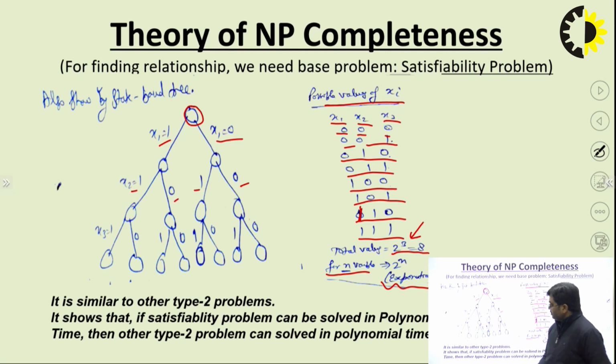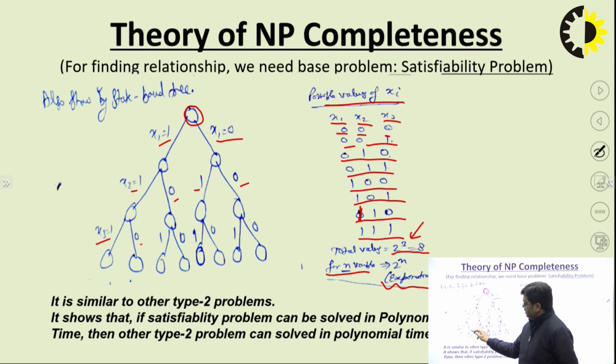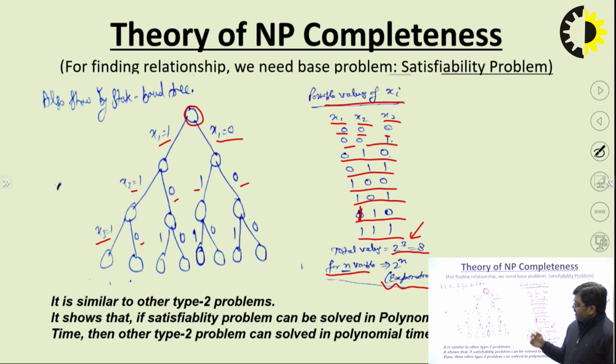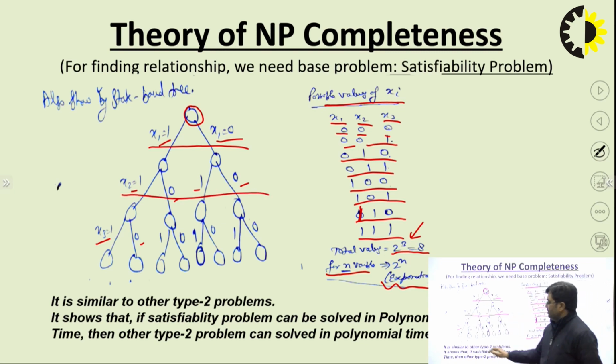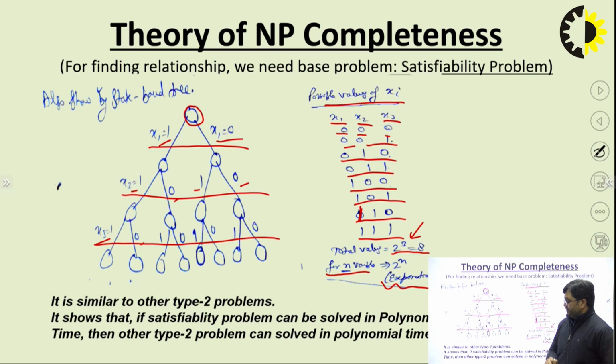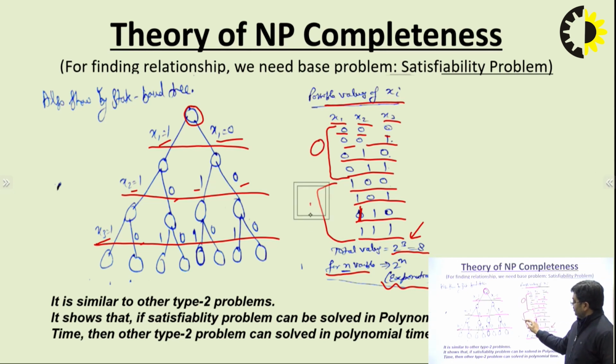Similarly, if we have taken x2 as 1, then for x3 we have the option 1 or 0. It means on each level we are deciding the value of another variable. Here we are deciding the values for x1, here the values of x2, and here the value of x3. Here we can see also, this is for x1, when x1 is 0 and when x1 is 1.